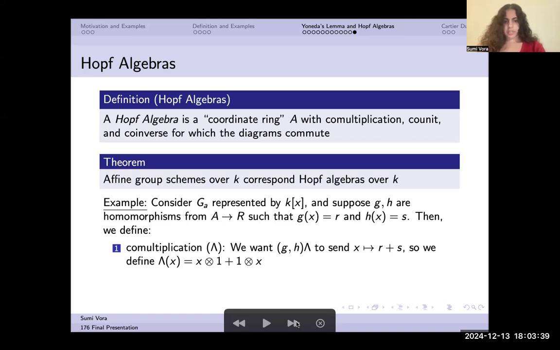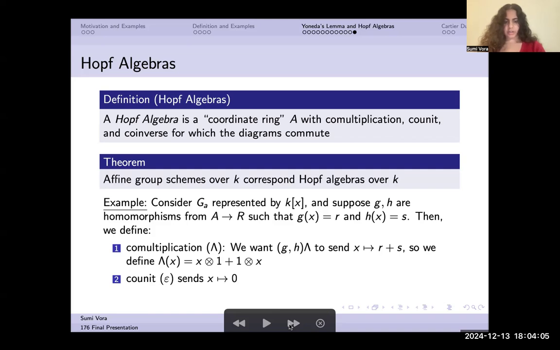And so the thing that's going to get us there is we just want to get two copies of x by multiplying them both by the identity and then adding them. And then when we apply G and H, it'll send the first copy to R and the second copy to S. And that's how we'll get what we wanted.